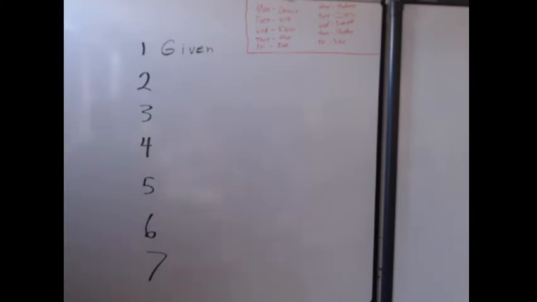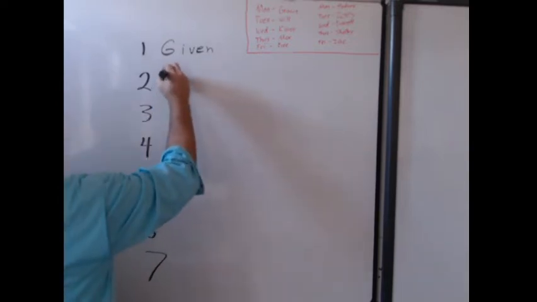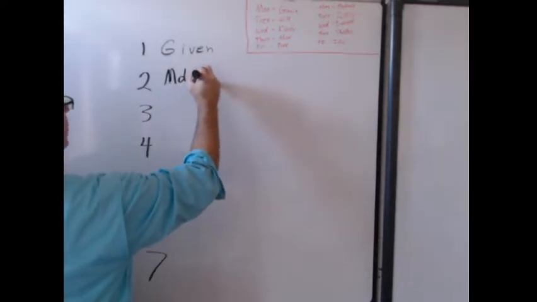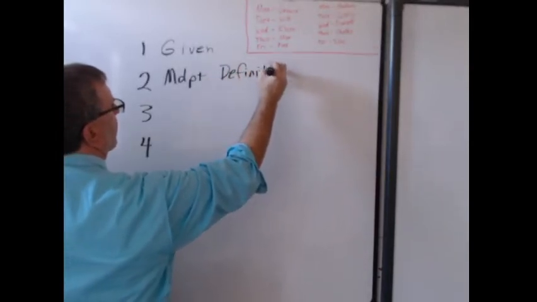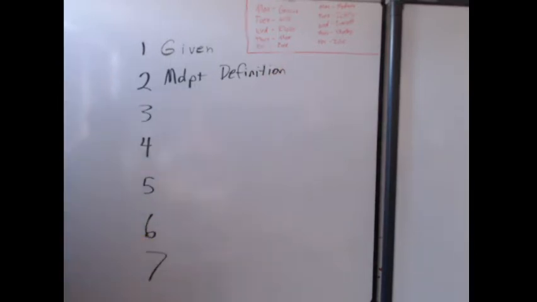Now, if you see in the given the word midpoint, know that the definition of midpoint is going to come up at least once, sometimes twice. So, when I put E in the middle of DF, so that DE equals EF, well, that is midpoint definition.